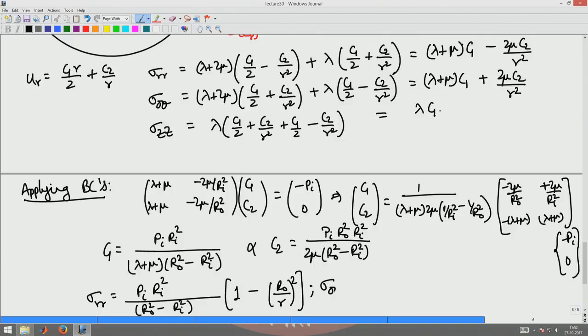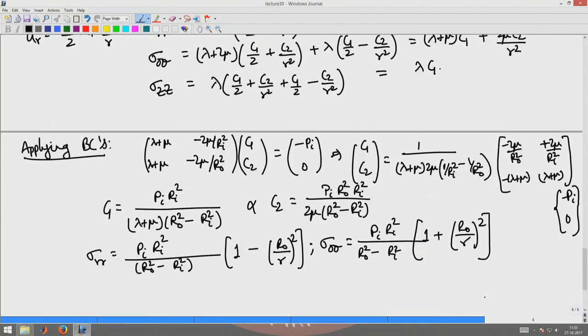And sigma theta theta would be Pi Ri square by R naught square minus Ri square into 1 plus R naught by R the whole square, okay.